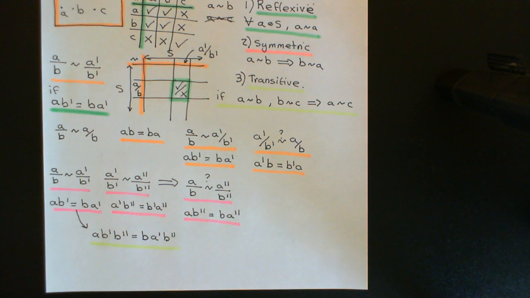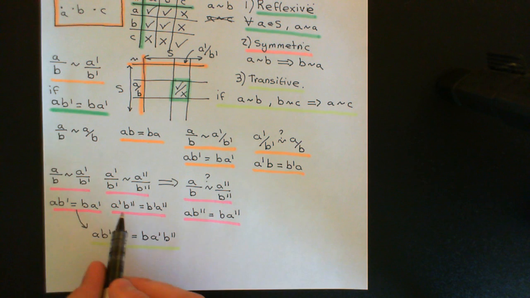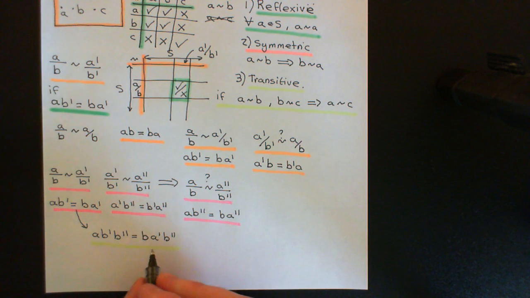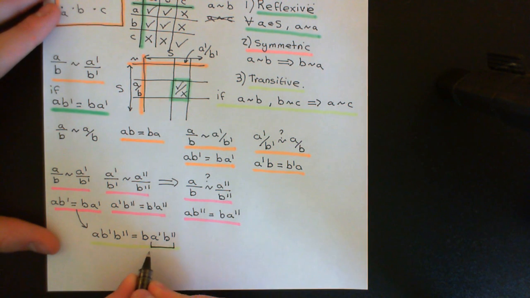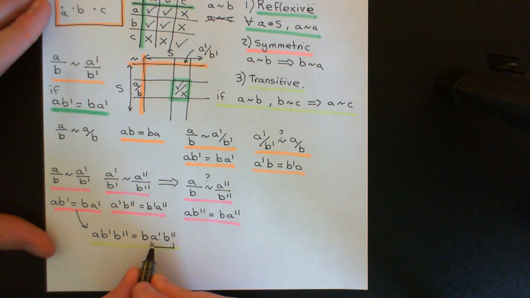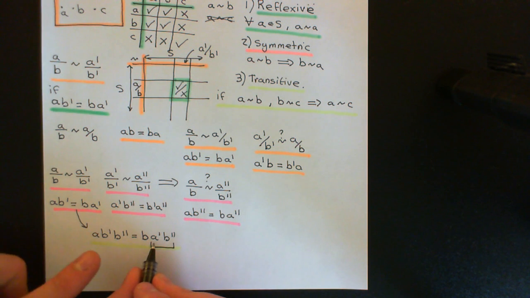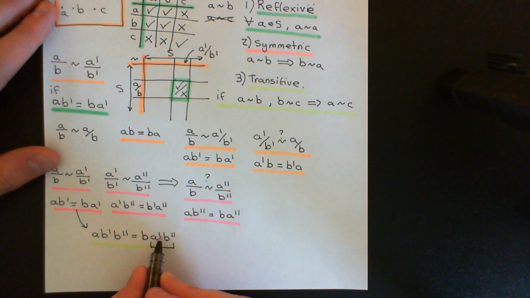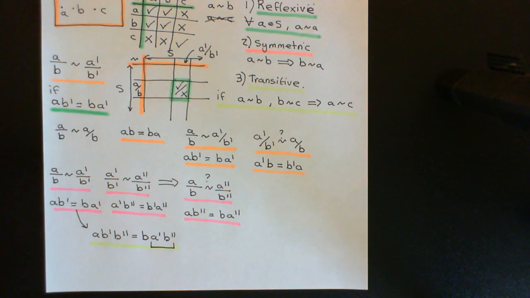Now what I can use is the fact that this relationship is true here, and look what I've got here, a prime times b double prime, so I'm going to now replace that with b prime times a double prime. Really I'm using associativity of multiplication here. I haven't even bothered putting the brackets in there, but the brackets were around b times a prime, and then I've multiplied by b double prime, so what I'm using is associativity of multiplication.